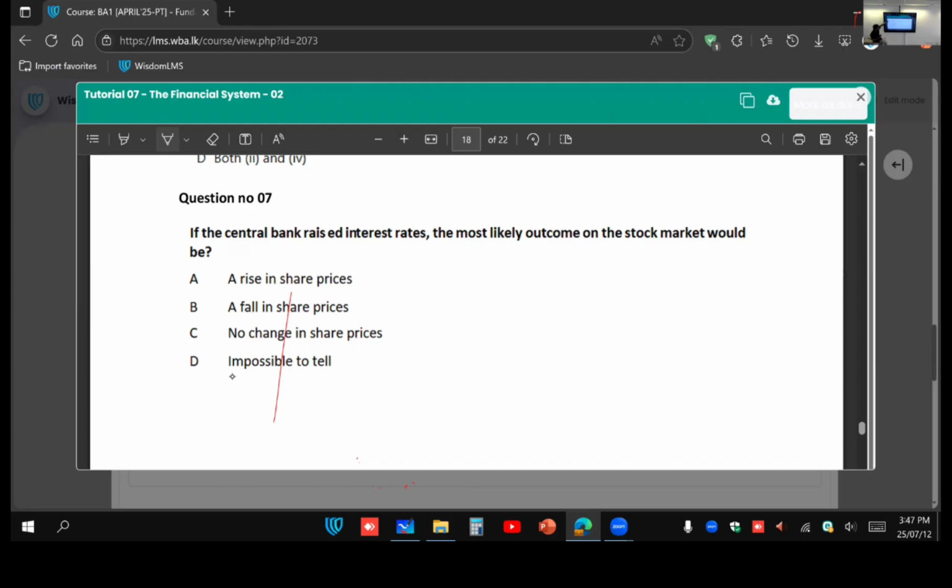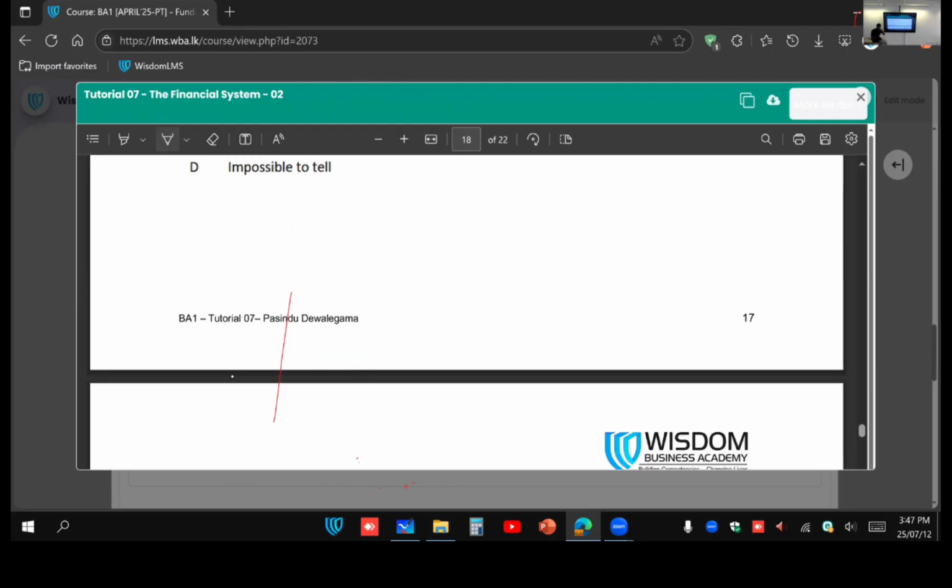Next question. Can be. That can have different interpretations. So one perspective is that the companies have to incur huge borrowing costs. As a result, profits will drastically go down.